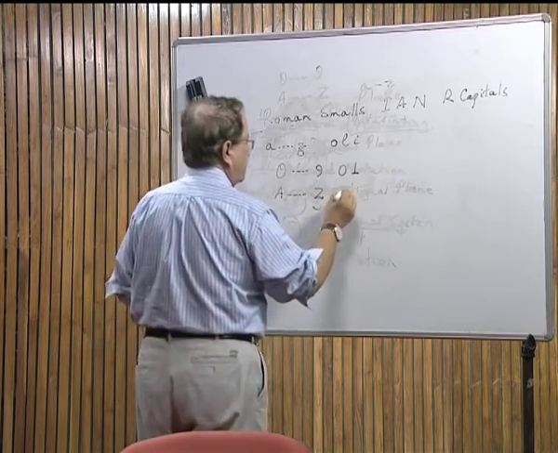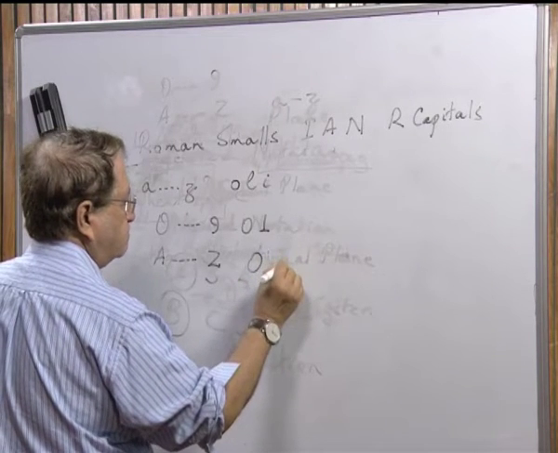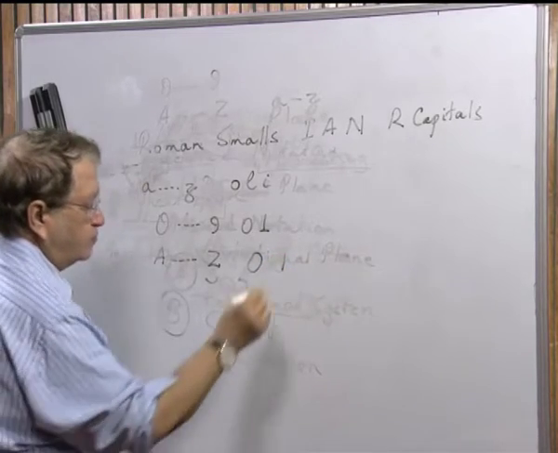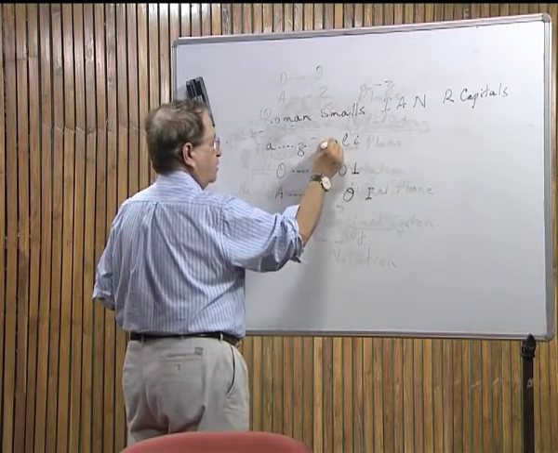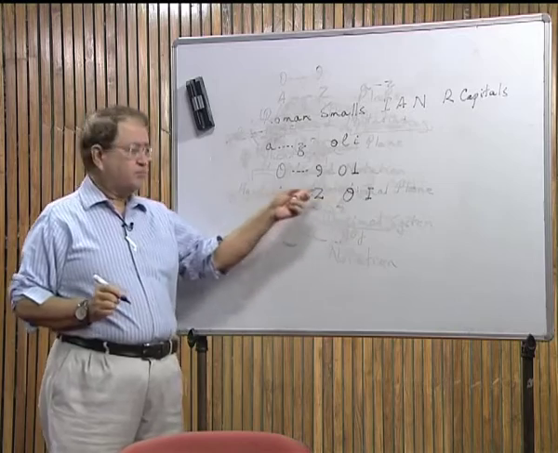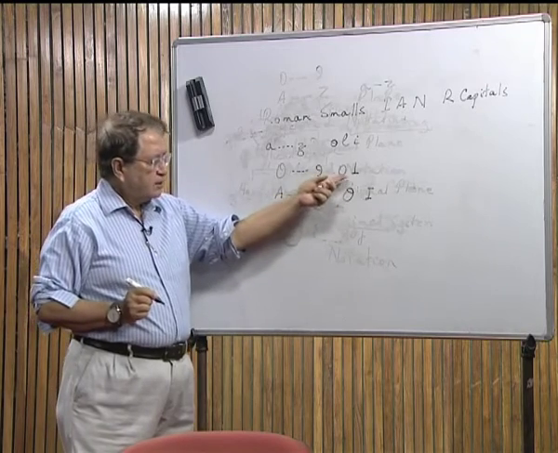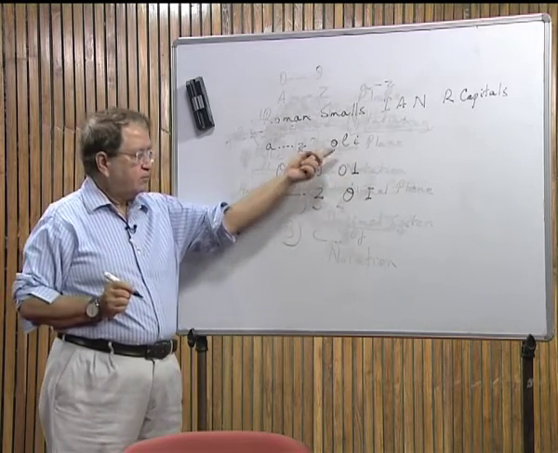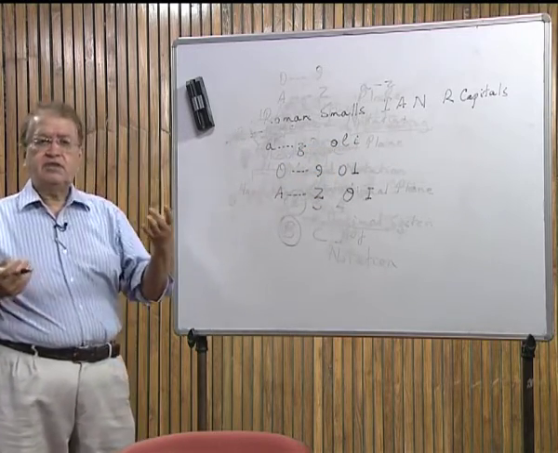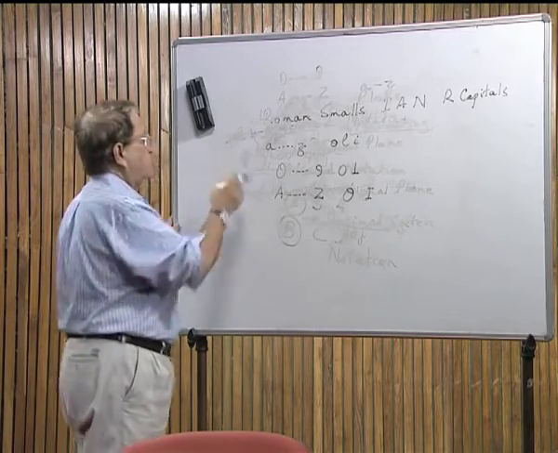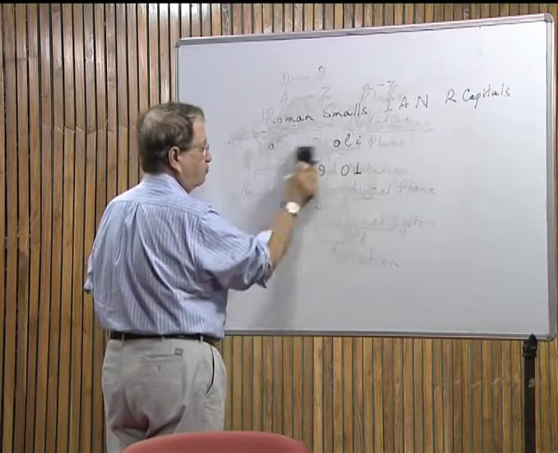Similarly, among the capitals, capital I and capital O on the typewriter or on the keyboard will look similar to this. So, one of them will have to be used and the other two will have to be sacrificed. So, this is one of the adjustments that we have to make whenever we are using what we call mixed notation, that some symbols have to be sacrificed, so that there is no confusion at the time of arrangement of books on the shelves of the library.